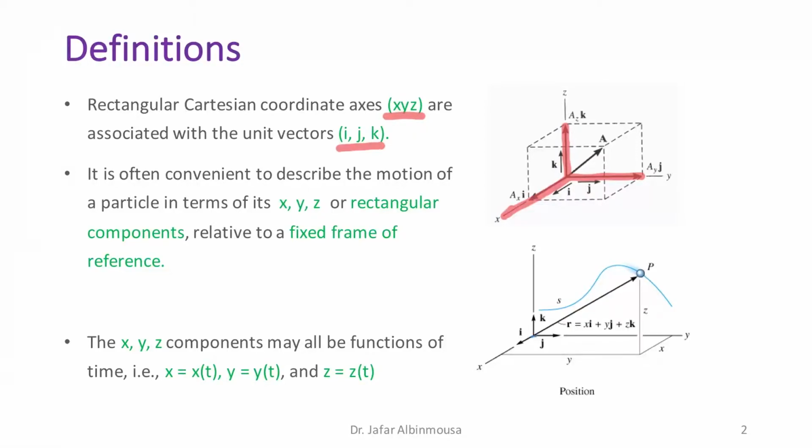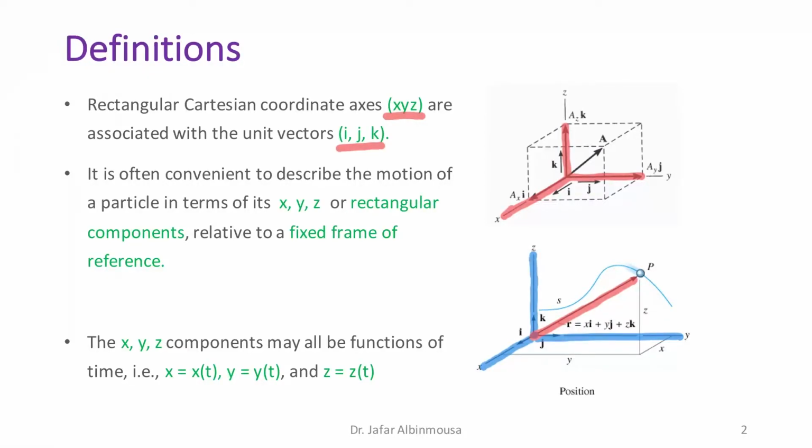So we pick an origin right here, and then we determine the x, y, and z axes. Then we shoot a position vector from the origin all the way to the particle. That position vector has to follow the particle as it moves along the curve.